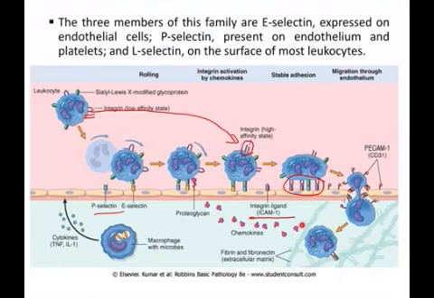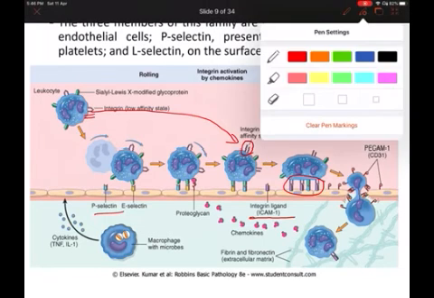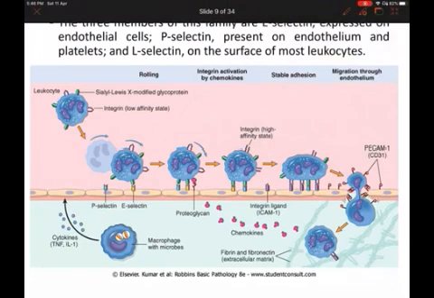And then once it comes out of the blood vessels, now the next thing is chemotaxis. Chemotaxis means movement, right? Now let's say the pathogen is present here, and in order to engulf these pathogens present over here, this monocyte, this neutrophil has to move from here to here, right?